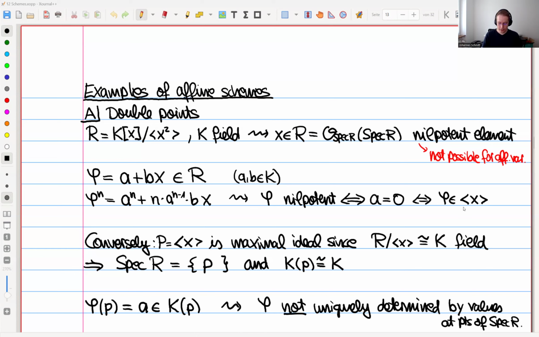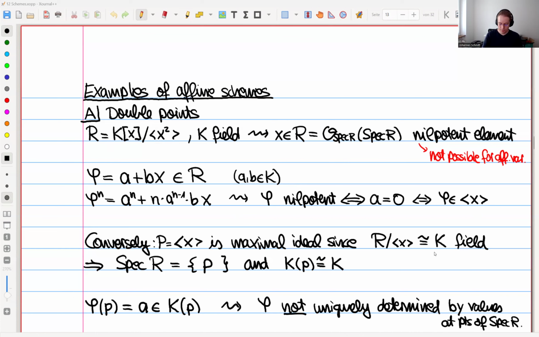And on the other hand, this ideal we claim is also a maximal ideal. And that's easy to check because if we just take the quotient of R modulo this, then not just x squared is 0, but actually x itself is already 0. And then we have nothing left of this polynomial ring.